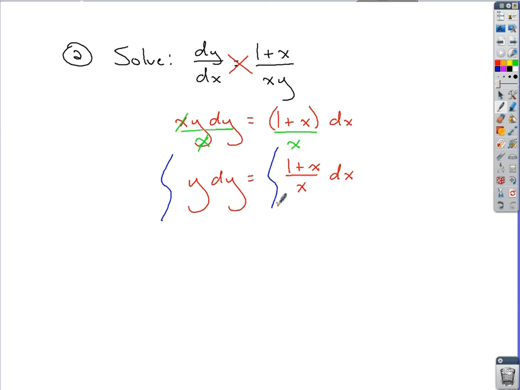Got a similar situation as before on the left side. It's y to the first. So we know that's going to be y to the second, reciprocal 1/2 to the front. This other side, we're trying to take the antiderivative of a quotient, which we know doesn't really work too well. And a lot of times what we do is we just bring this x up, right?